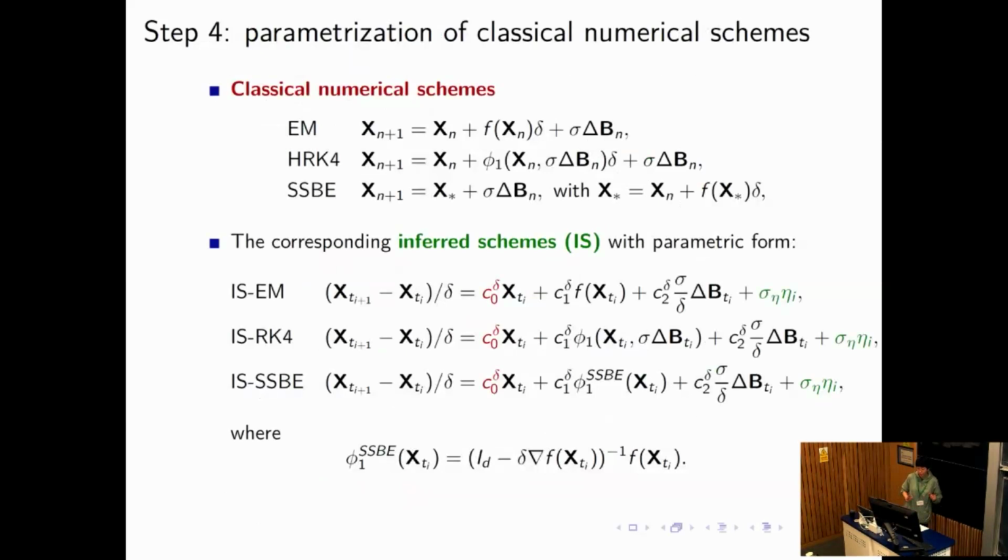So in short, here's a comparison. In the first block, we have the classical schemes used as our basis, like EM, hybrid Runge-Kutta 4, and SSBE. And then here we have the inferred schemes. As I said, they look the same, except we lose the constraints on the coefficients. These coefficients will be learned from the data, and we assume the residuals are white noise.